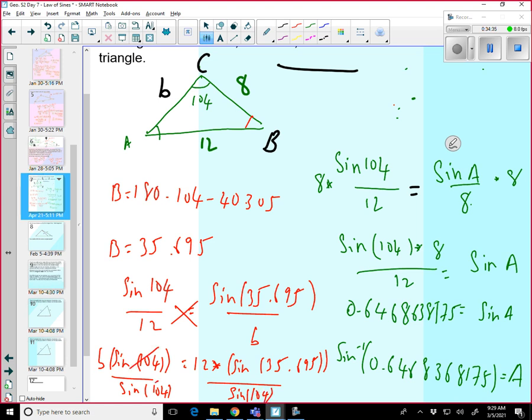So 12 times sine 35.695 divided by sine 104 gives us 7.216. So b equals 7.216. This is how we can solve it.